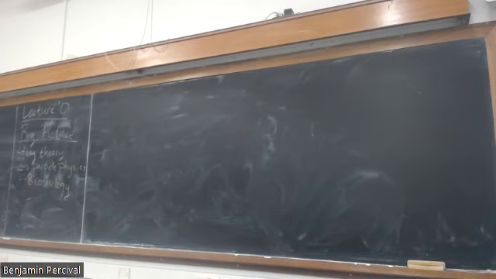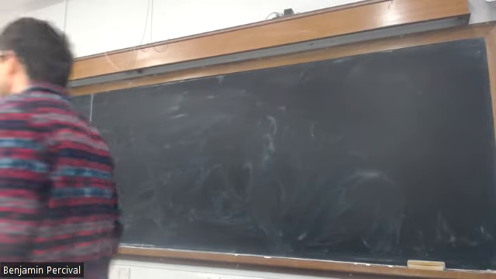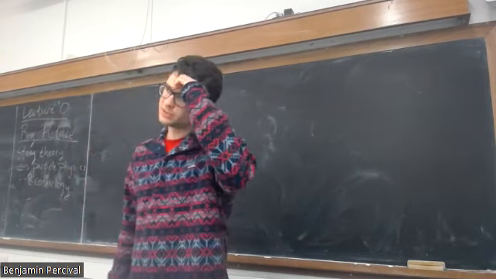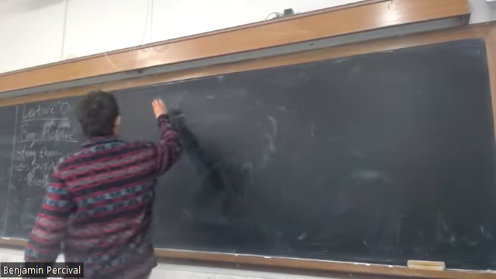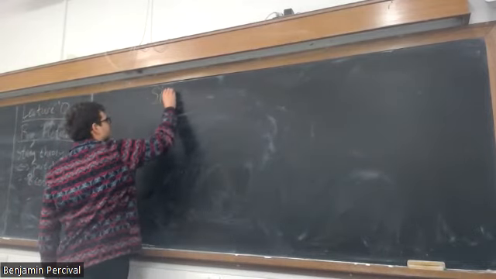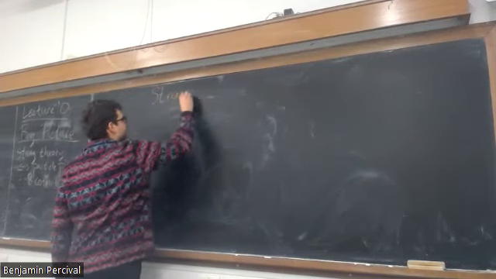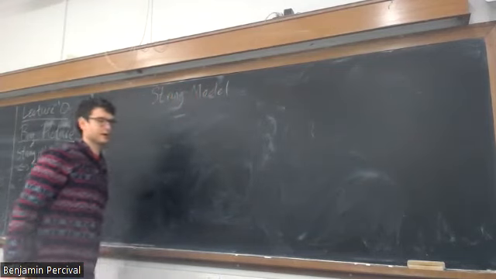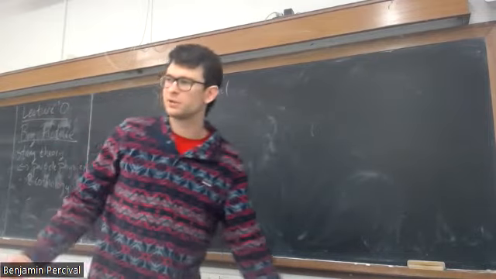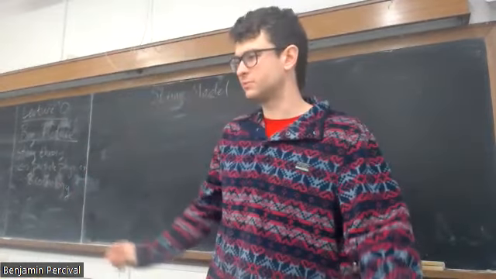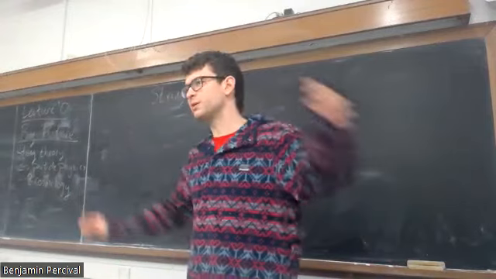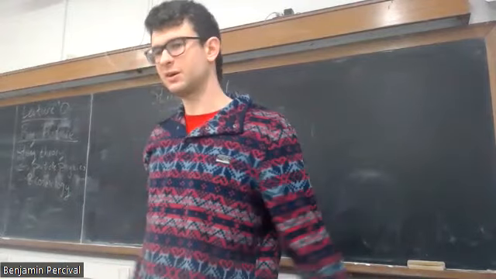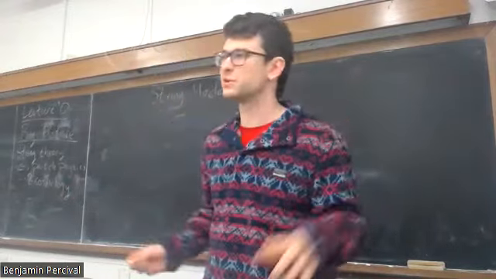And so the general picture will be, we start with a string theory model. Let's have a string model. We're going to see all the different areas of string theory, but there are many different ways to form models in string theory.